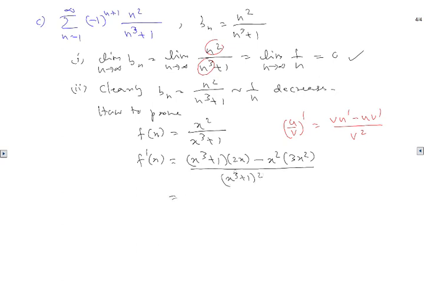Now you can simplify the top. You get 2x minus x to the fourth. If you pull x out, you get x times (2 minus x cubed) over (x cubed plus 1) squared.